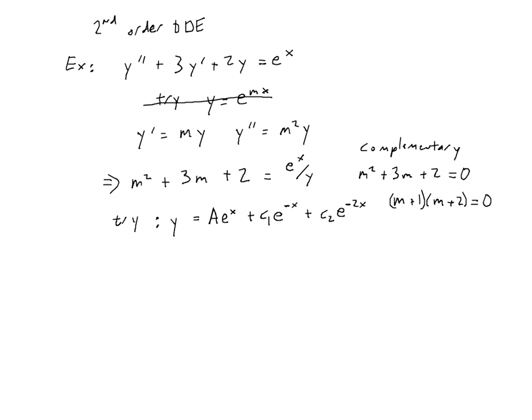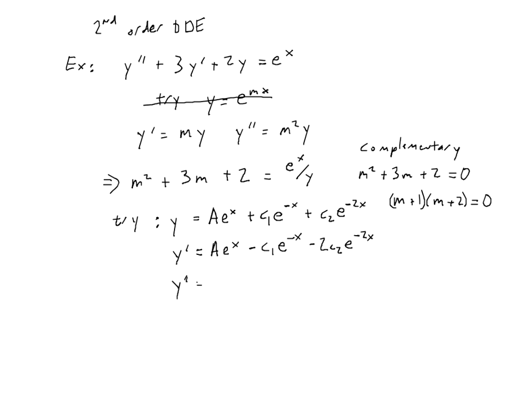So what we can do once we have this is we calculate y prime, which is just a e to the x minus c1 e to the minus x minus 2c2 e to the minus 2x.